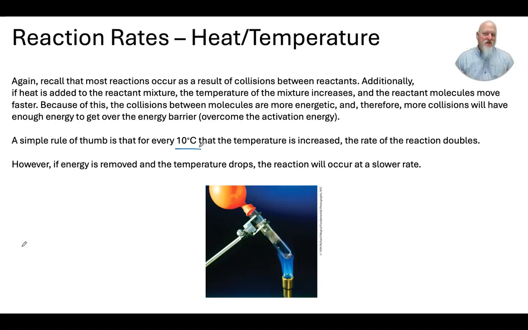It doesn't take much heat to actually cause the reaction rate to increase. So as long as your reactants can handle that excess heat, adding heat lets the reaction go faster and get to products faster. Then again, if you remove heat from the system, it slows down. And sometimes you want that depending on what's going on.